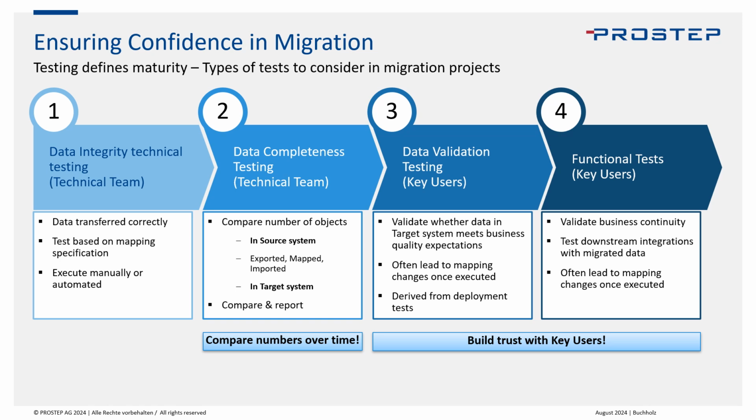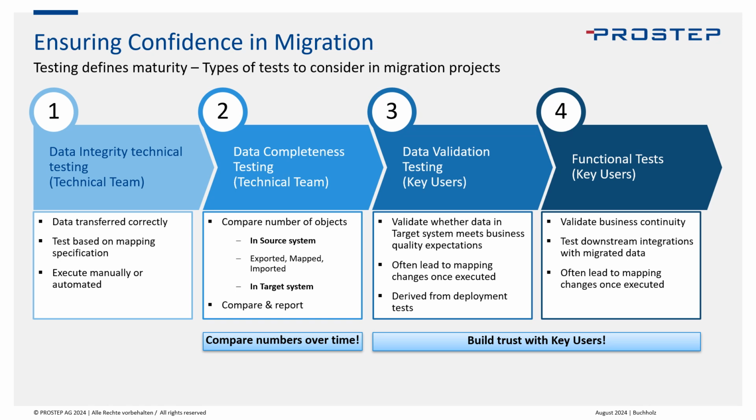When executing these data validation tests, it's all about validating whether the data in the system meets the quality expectations that the key users have, and whether this data is correct from a business perspective.